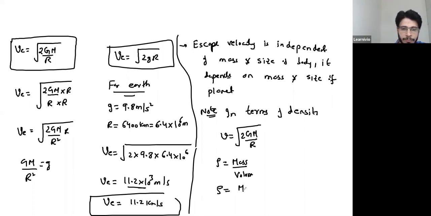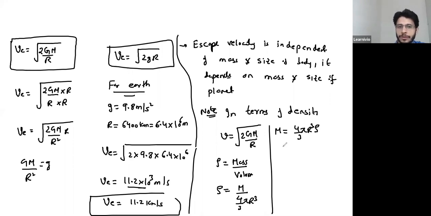Since Earth is a sphere, its volume is 4 by 3 pi R cube. So you can write M as 4 by 3 pi R cube rho. Substituting the values, escape velocity comes out to be root over 2G times 4 by 3 pi R cube rho over R.